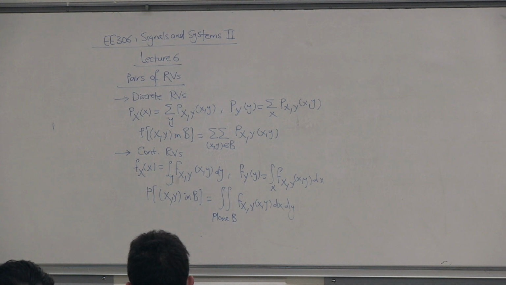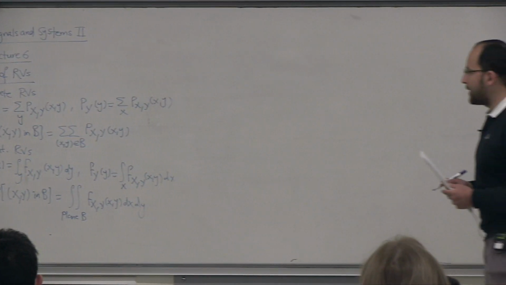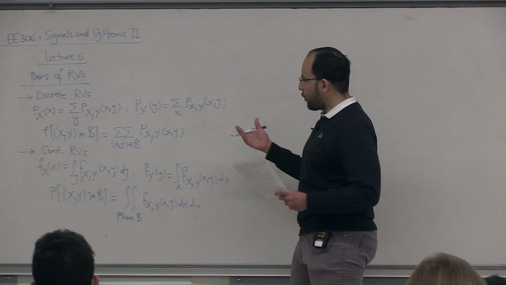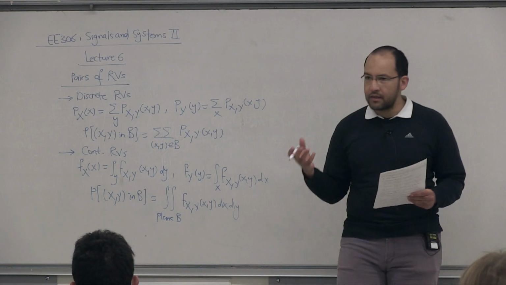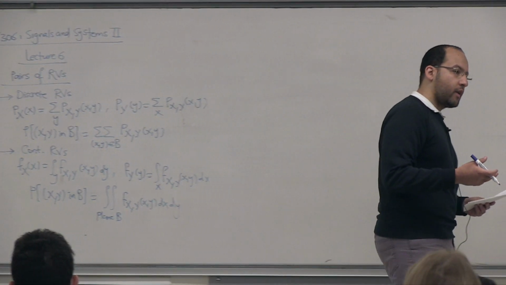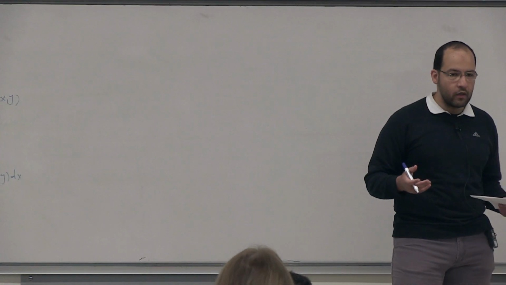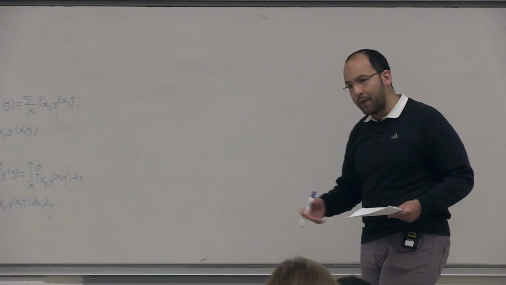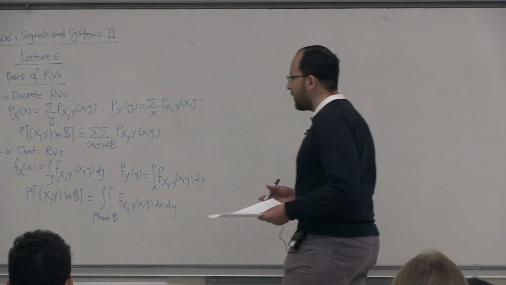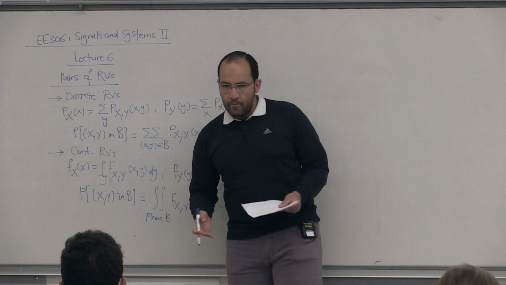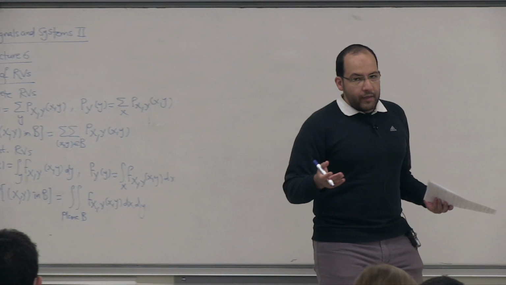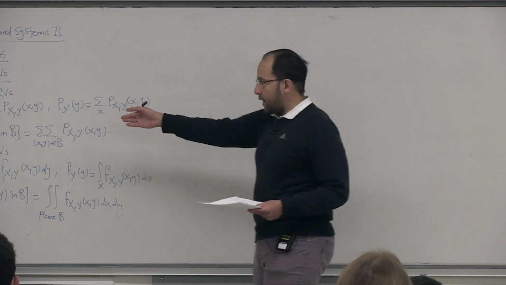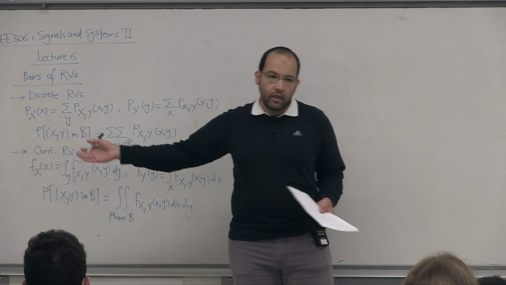So when we look at the joint probability mass function, it is a function describing how two random variables are changing together, how they are behaving in a combined manner, all right? If they are independent, then this Pxy of x and y becomes Px of x times Py of y.